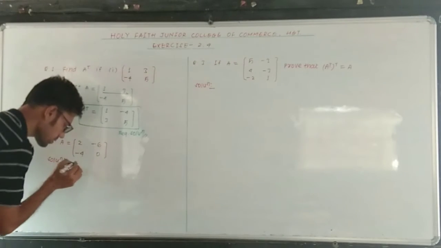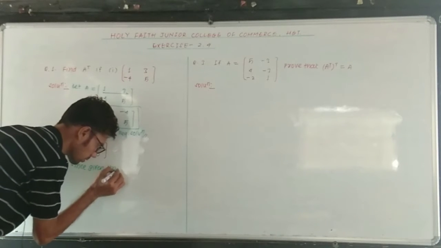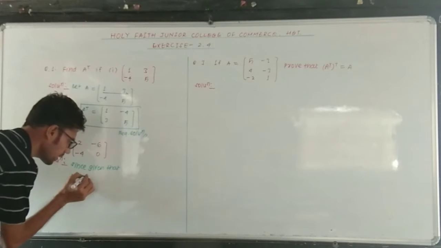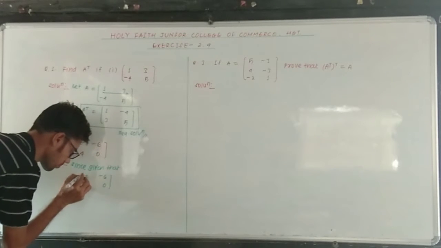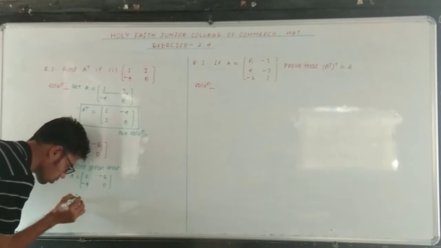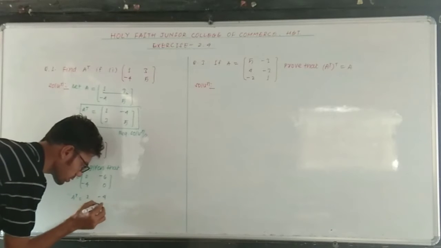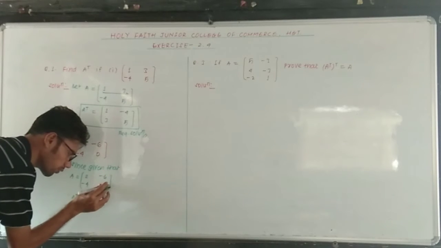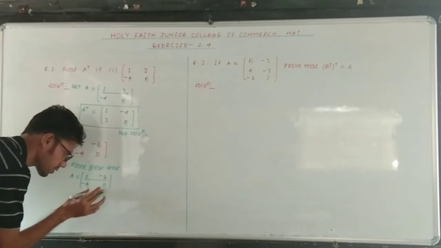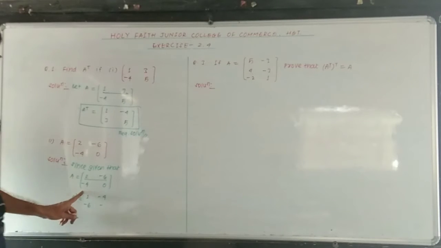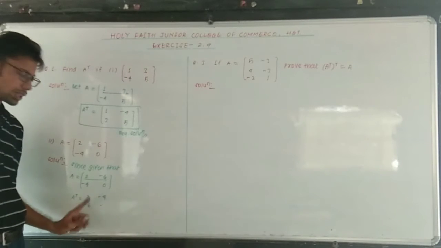What do we get here? Since it is given that capital A is equal to [2 -6; -4 0], therefore the transpose of A has as its first column 2, -6, which is the first row of A. And the second row, -4, 0, we convert into the second column.